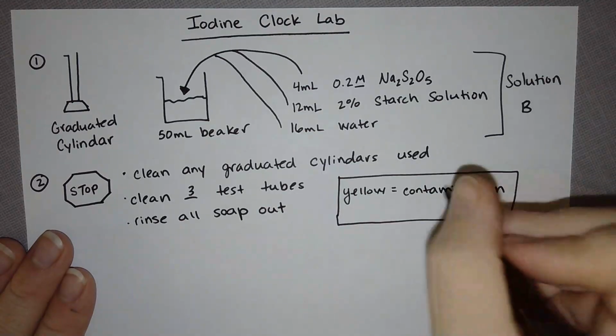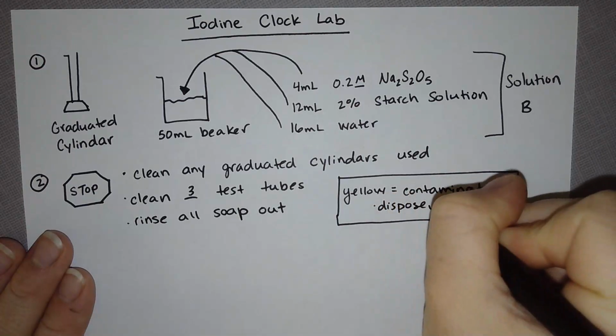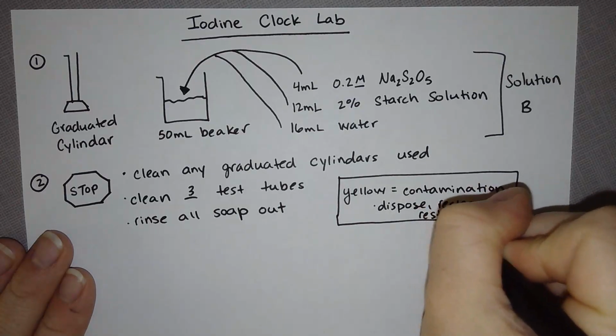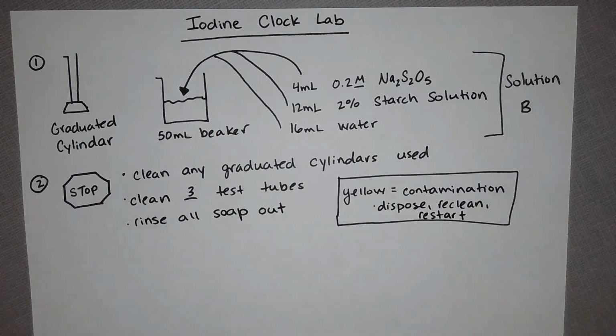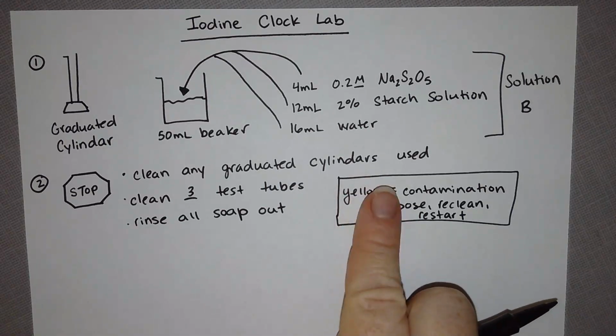And you will need to dispose of what you're doing, re-clean, and restart that step. So do a good job here. Stop what you're doing, take 5 minutes up front, clean everything you're going to use. That way we can avoid this later on in the lab. We don't want to see any of that contamination, and if we do, we'd have to stop what we're doing and restart.